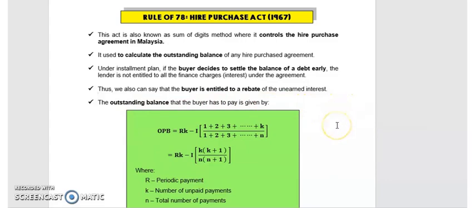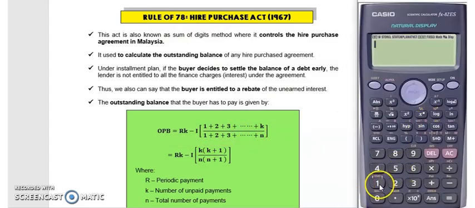The amount of outstanding balance that the buyer has to pay is given by this formula. Before that, why 78 here? If you total up 1 plus 2 plus 3 plus 4 plus 5 plus 6 plus 7 plus 8 plus 9 plus 10 plus 11 and the last one plus 12, you will get 78.